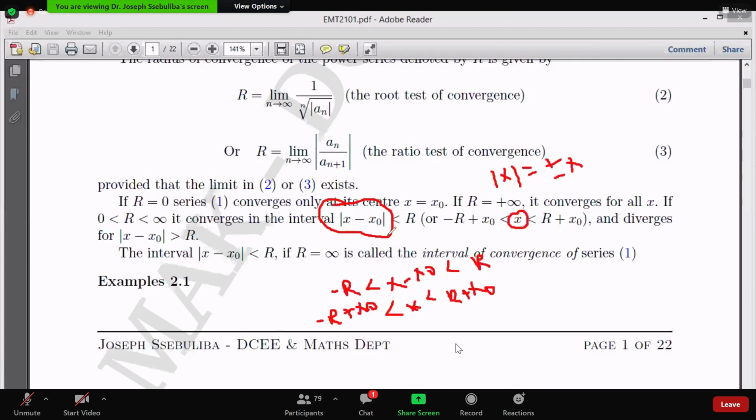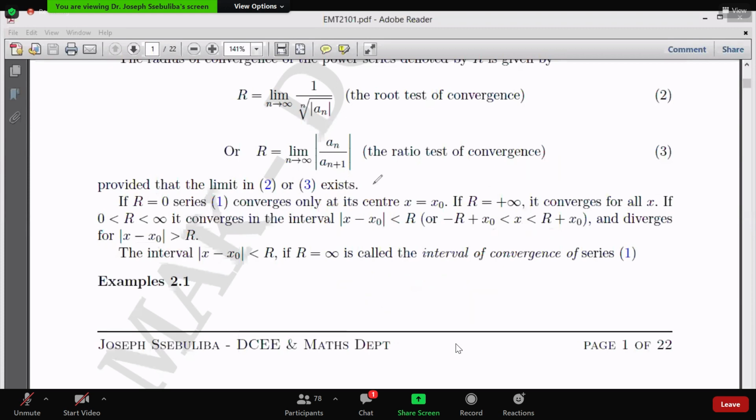So if it is plus minus r, the minus, which is this one here, you'll have minus r here, then a positive r on the other side, which reduces to this. And we are saying it will diverge when this condition holds. And of course, you can do the same with respect to this, and you come up with an actual kind of range for this one here. Right. Okay.